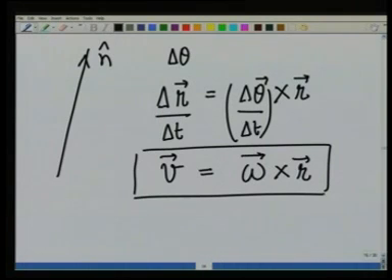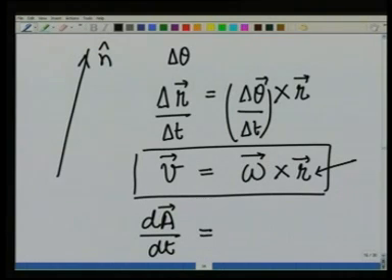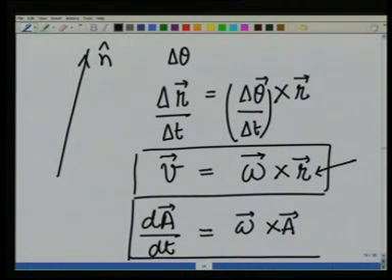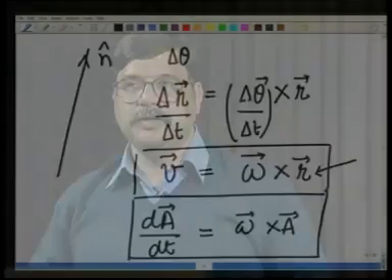This is very specific to the displacement vector r. In general, the rate of change of a vector a rotating about an axis pointing in direction n is equal to omega cross a. Another general result. These are very useful results for use in rigid body dynamics, and we will be making use of them quite frequently.